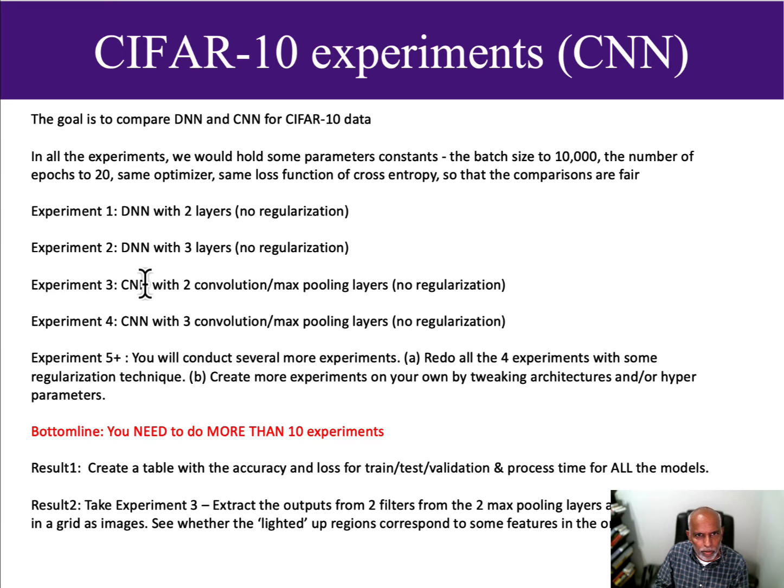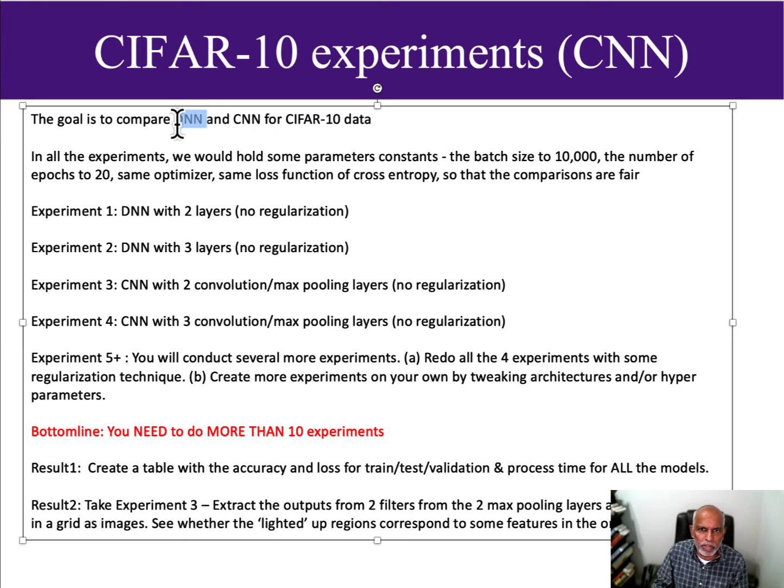There are 5 experiments we want you to do. The goal is to compare a deep learning neural network and a CNN for CIFAR. Remember, deep learning simply says you keep adding multiple layers of hidden neurons, nothing else. But then you are going to compare a simple deep learning neural network versus a CNN, a convolutional neural network. In all the experiments, we would hold some parameters constant. The batch size is 10,000.